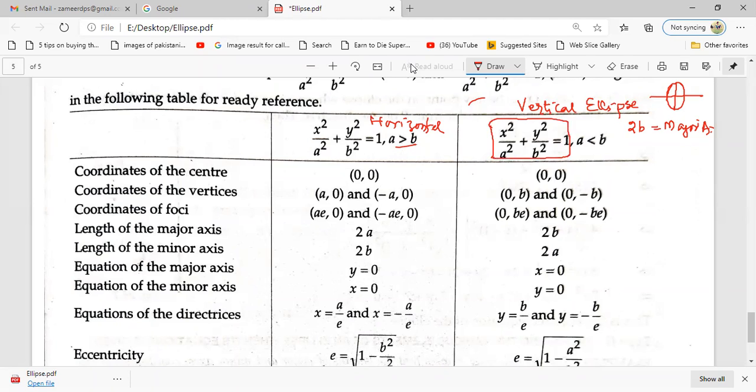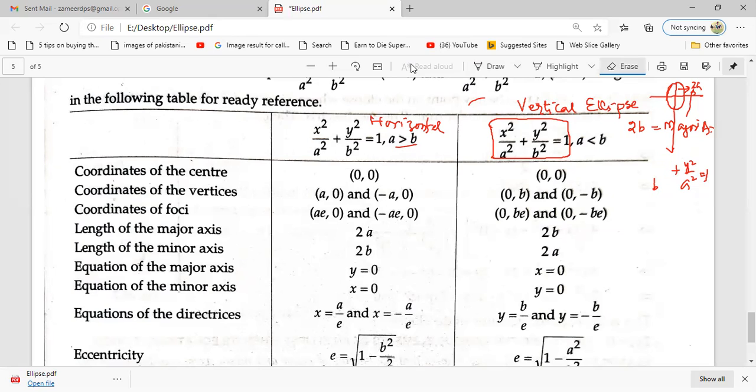And if you are taking 2a as a major axis, then the equation will become x square upon b square plus y square upon a square is equal to 1. So in this case, the formulas will be same, only the coordinates will be changed. Instead of b, a will come. So I think we should follow this one.